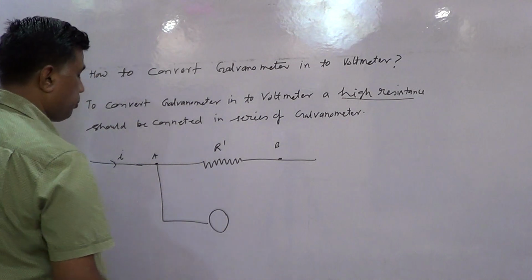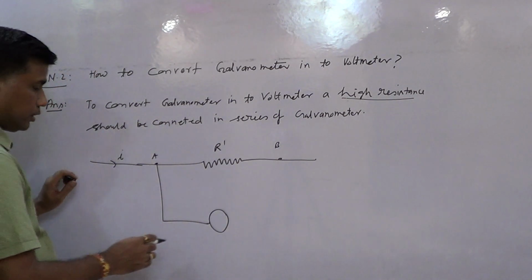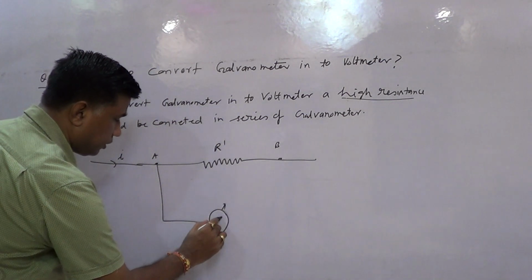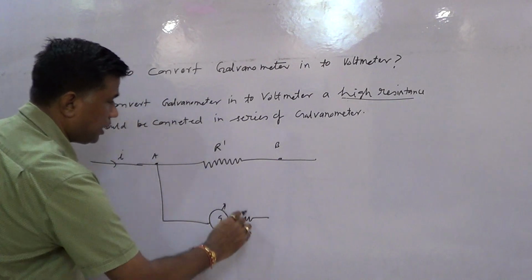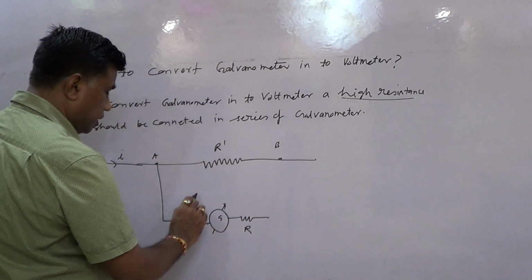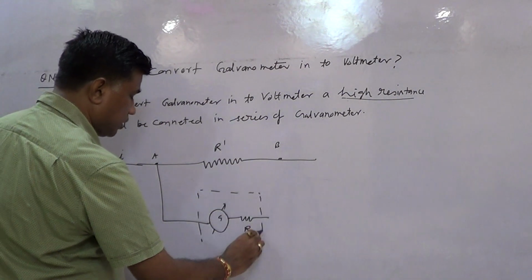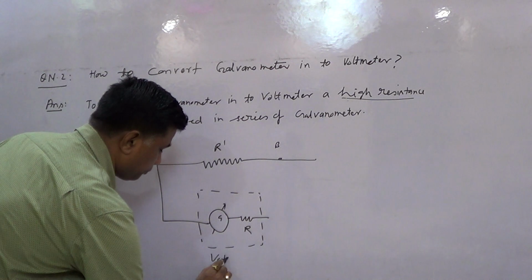But now the problem is, how to convert the galvanometer into voltmeter? Suppose this is a galvanometer. If we connect a high resistance R in series with this galvanometer, then this whole system in the dotted line will be the voltmeter.